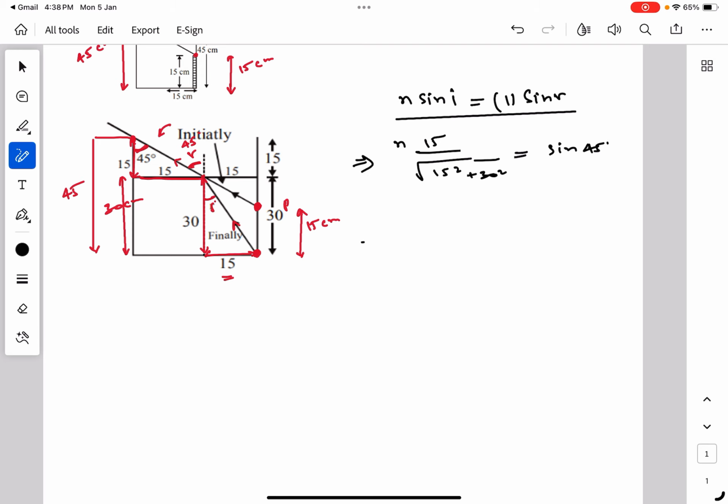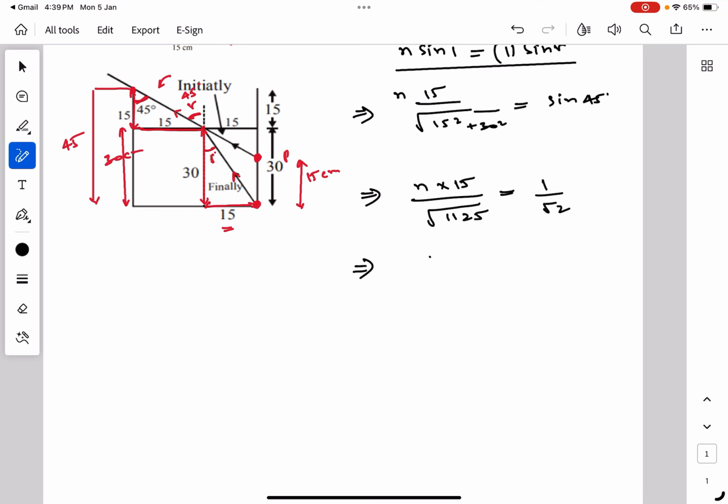Let us solve it. This is equal to 1 upon root 2.